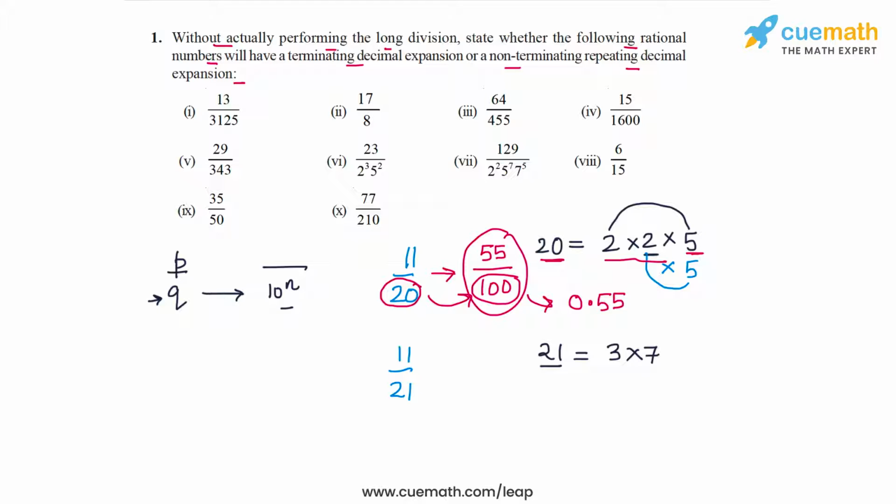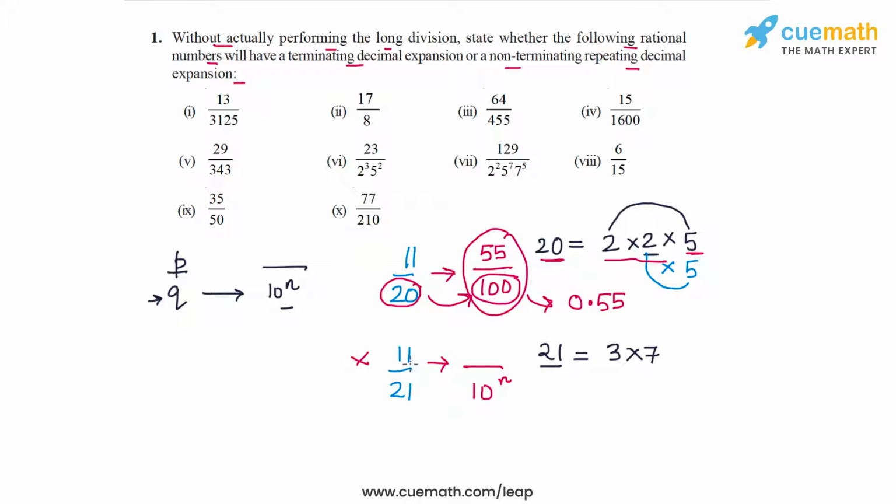In other words, I can never write 11 by 21 as an equivalent rational number where the denominator is a power of 10. So this can never happen. So 11 by 21 will have a non-terminating repeating decimal expansion. So this is the basic idea behind these theorems that we will use to solve this question.